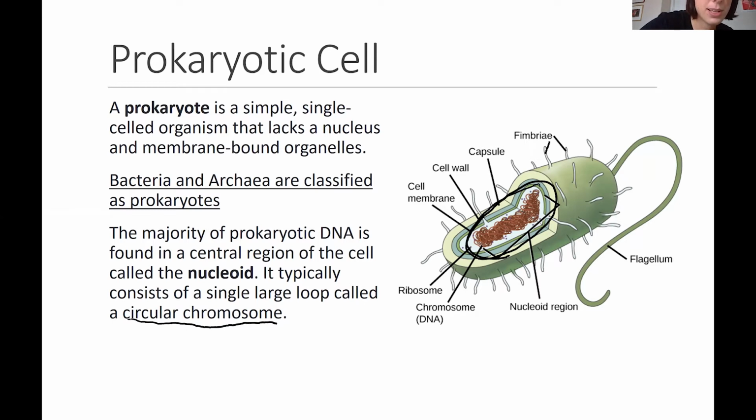We'll actually be bringing this up again when we talk about bacteria, and also in lab when we're talking about genetic modification. We tend to use prokaryotic cells in biochemical experiments to make things for us, or when we're studying them. And it's important to understand that they have these circular chromosomes. So DNA in its chromosomal form is actually in a loop.